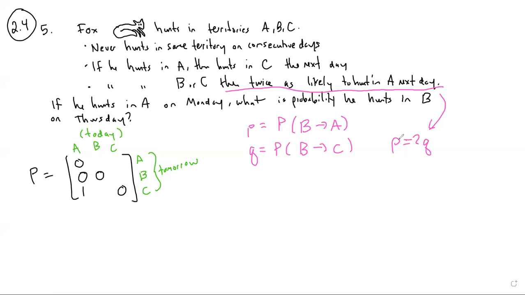So our column would look like this: B going into A is that top entry, which is P, then 0, and then Q. I could rewrite that as 2Q, 0, and Q. Now we know that this sums to 1, so 3Q equals 1, and Q equals a third.